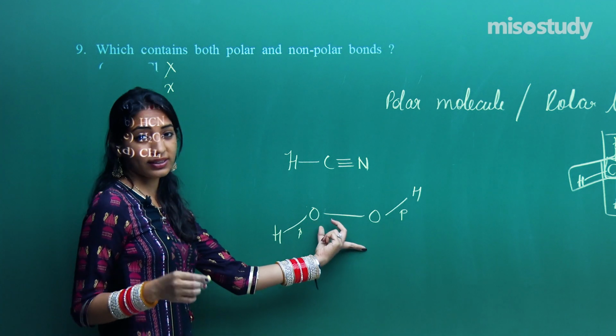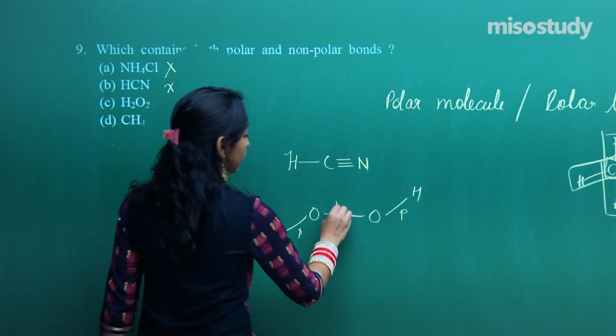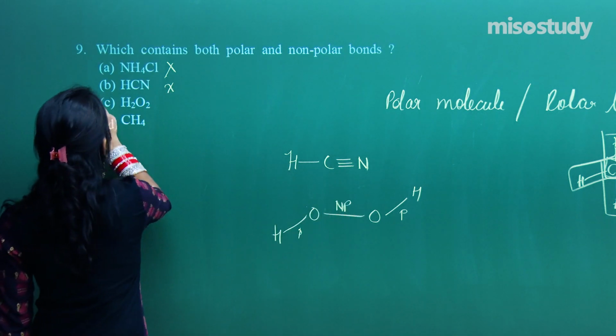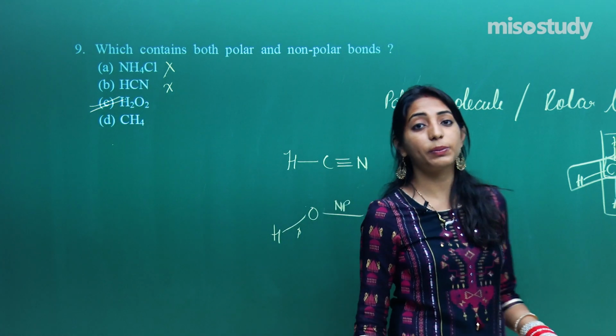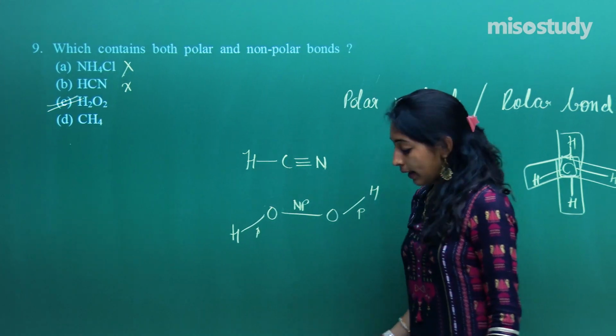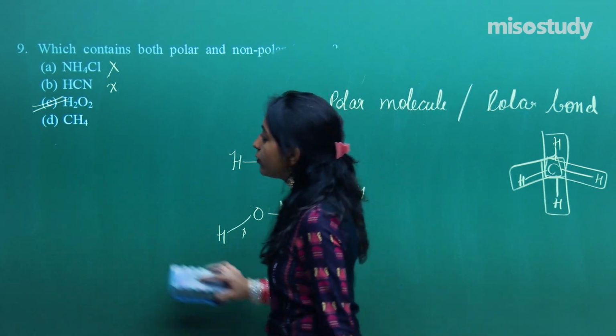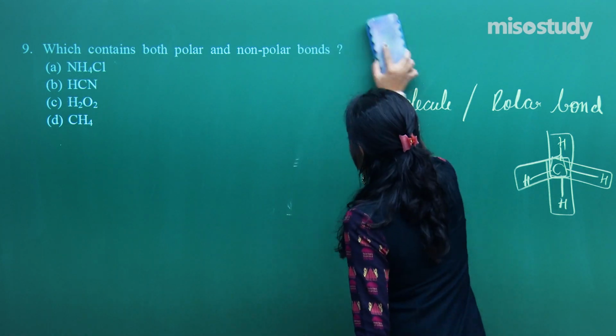But see, oxygen and oxygen are the same, so the electronegativity is the same, so there will be a non-polar bond. So this is our correct option, where both polar as well as non-polar bonds are available in the same molecule. Okay. Now I need to move on to my last question.